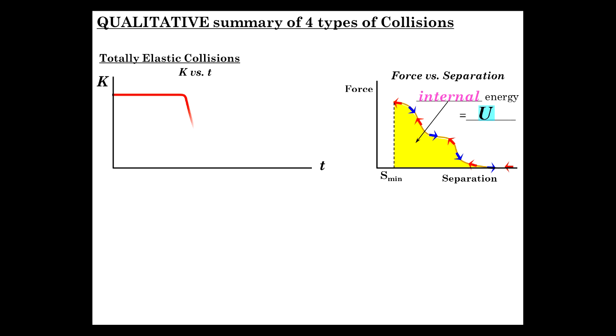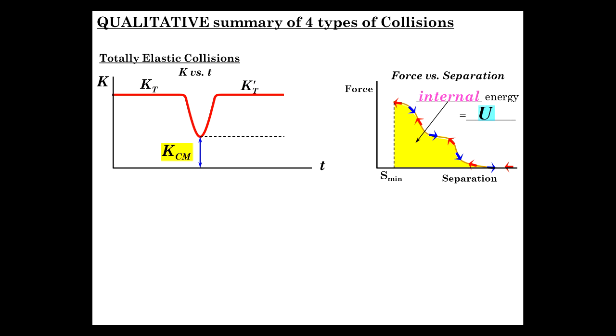So we have the kinetic energy, dips down, and total before and after is the same. But you notice that there is a kinetic energy of the center of mass. Remember, for momentum, the velocity of the center of mass is constant right through the collision.